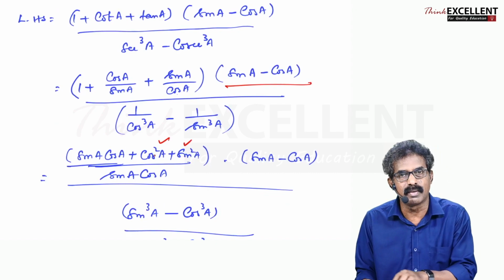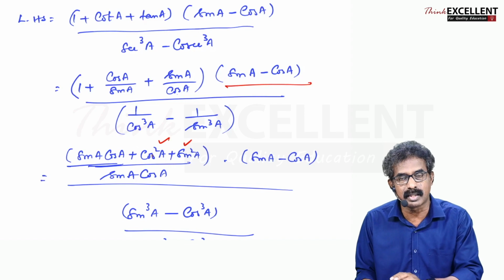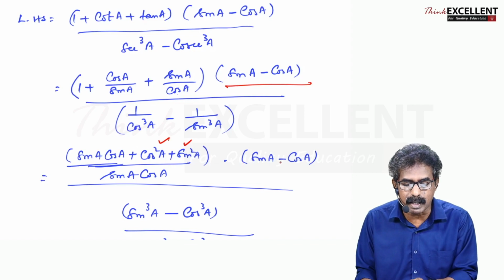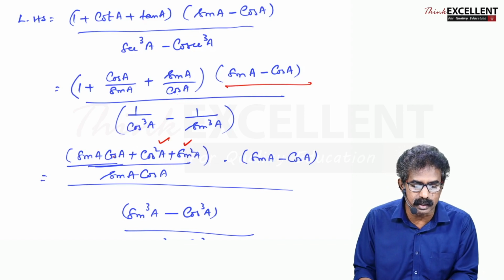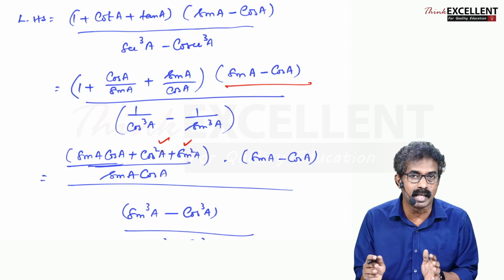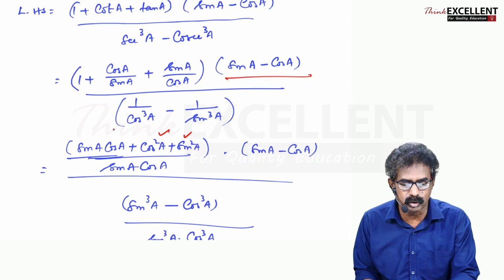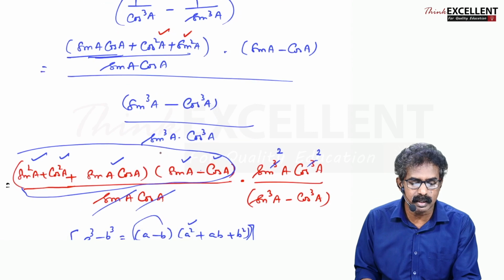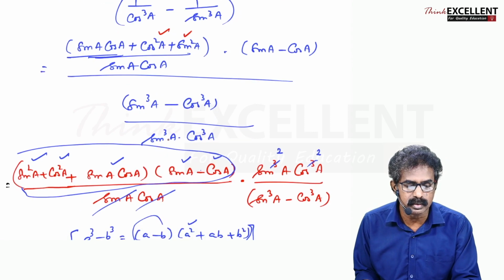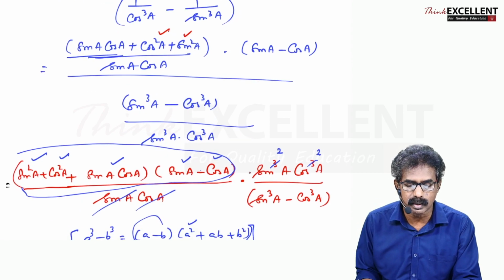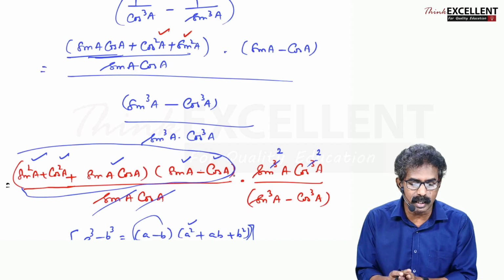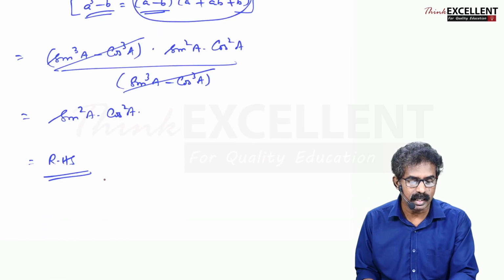But in this question, we are not simplifying this; write as it is, then A minus B into A square plus AB plus B square, that form. And together, everything together, it is A cube minus B cube, that is sine cube A minus cos cube A. Denominator, you are getting sine cube A into cos cube A. Next step, you write it as a reciprocal, simplify, you are getting the answer.